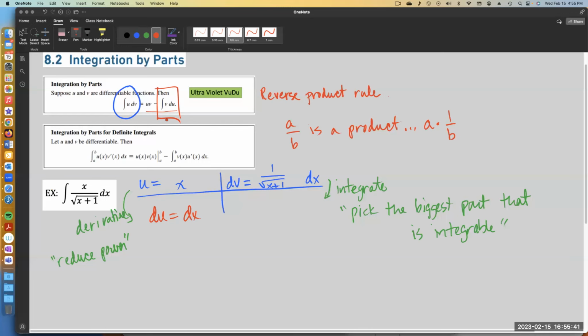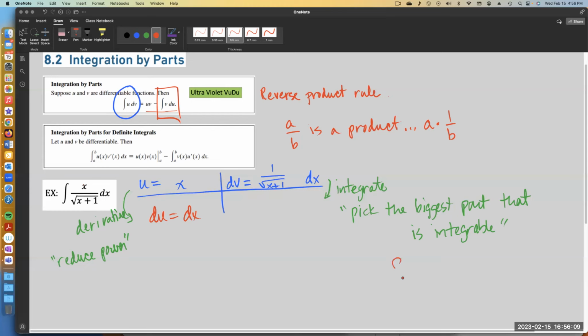And if we can reduce the power of x, that usually is going to make this integral easier. Usually, not always, but usually. So I tend to focus on the dv. If I can pick the gnarliest piece of this integrand that can still be integrated pretty easily, usually that's the best bet. All right, so let's integrate that.